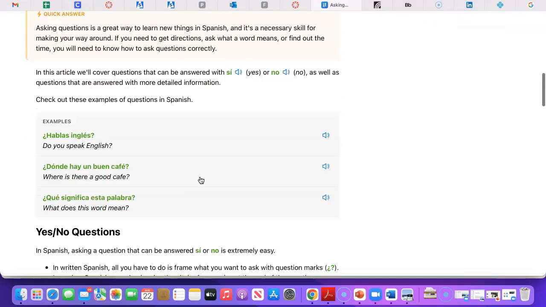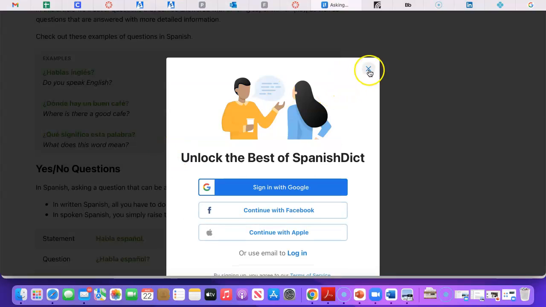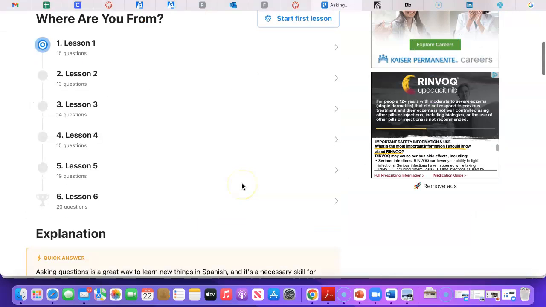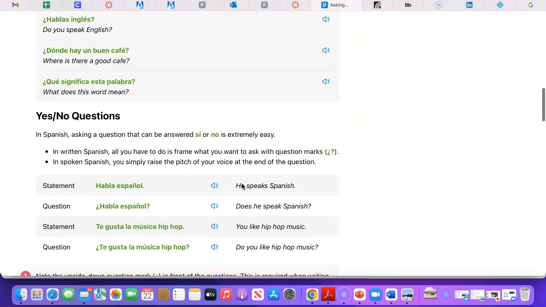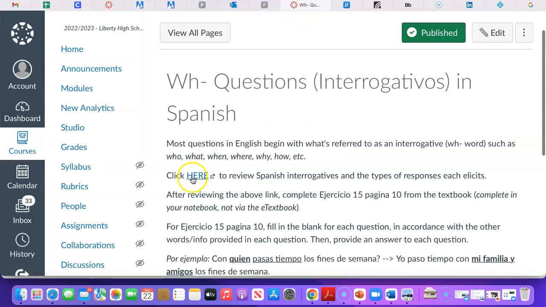It gives you a nice overview of the different types of questions in Spanish. And then toward the bottom, what they deem question words or WH words, you have them here, the pronunciation, of course, and also the translation. So you can refer to that as well, and I get to that link by clicking here.